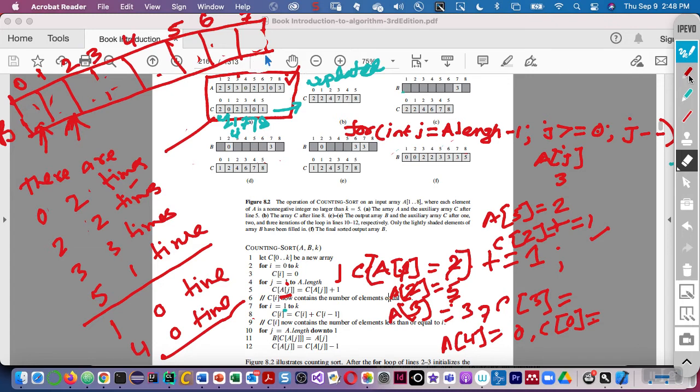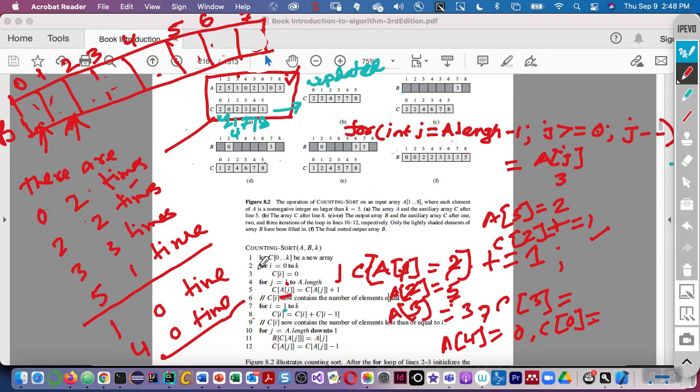Okay, now let us say this one. What is aj equal to? 3, right? The element at the last index, right? This 3, where will it go? This 3 will go to B of C of aj, then there is a minus 1.